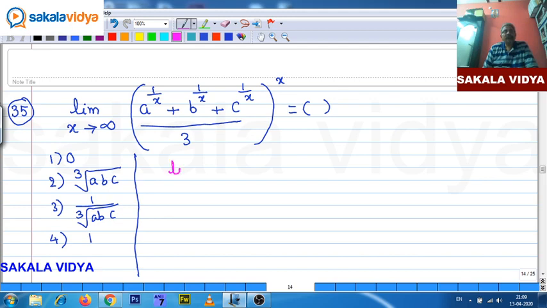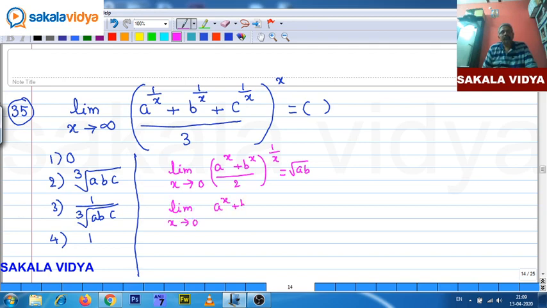See, limit x approaches 0, ((a^x + b^x)/2)^(1/x) is root ab. Limit x approaches 0, ((a^x + b^x + c^x)/3)^(1/x).